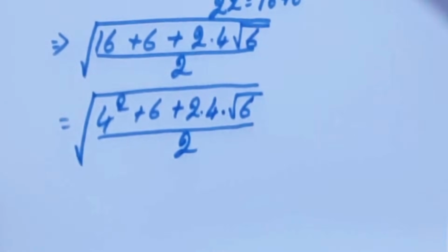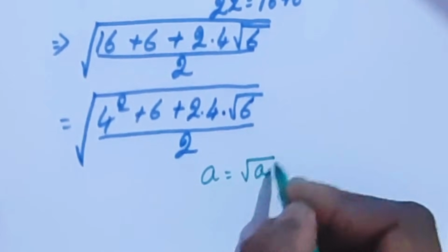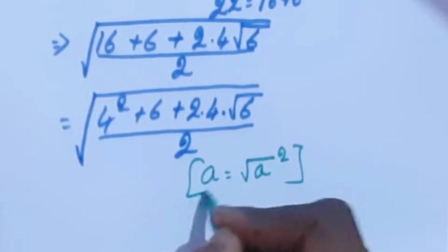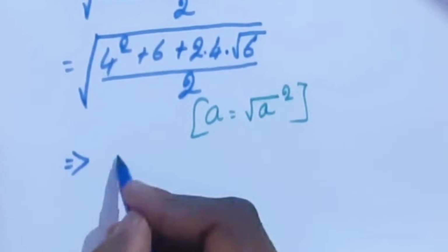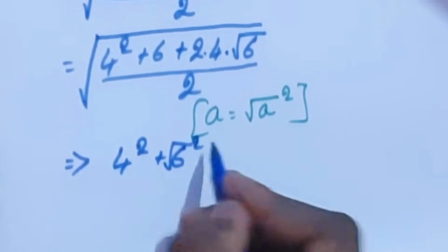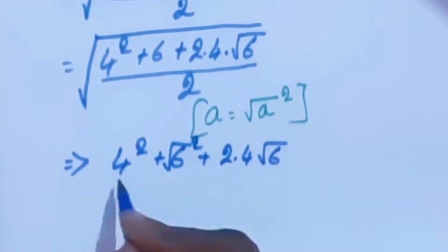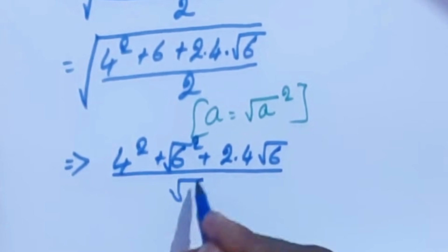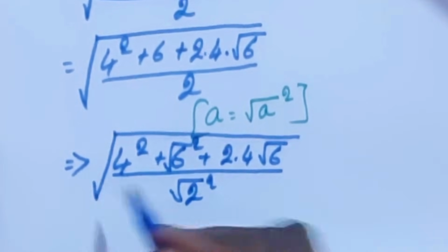Now here we are going to apply the formula A equal to square root of A square. So 4 square plus square root of 6 whole square plus 2 times 4 square root of 6, whole divided by square root of 2 square, in whole square root.